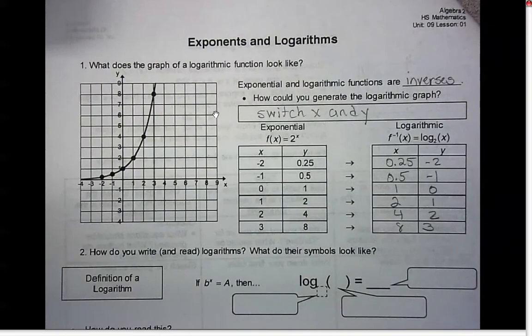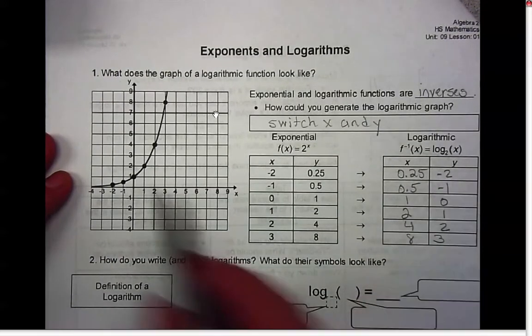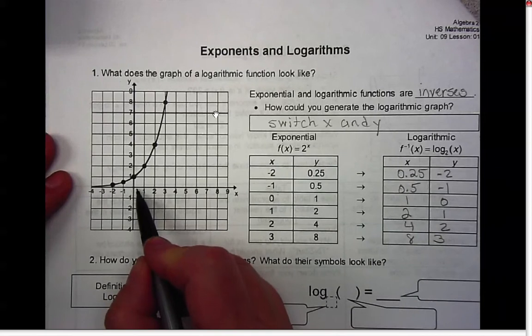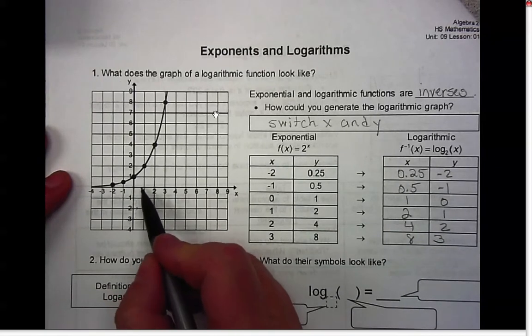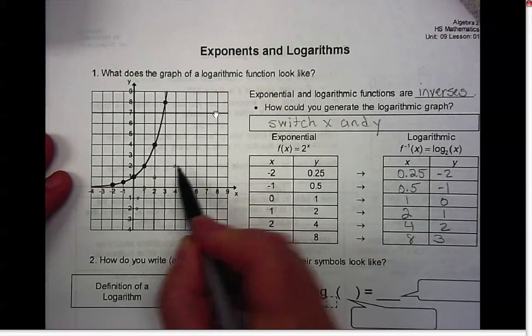Then we're going to plot those points and see what it looks like. So 0.25, negative 2: 0.25 is over here close to the 1, and the negative 2 would be down here. Then 0.5, negative 1; 1, 0; 2, 1; 4, 2; and 8, 3.